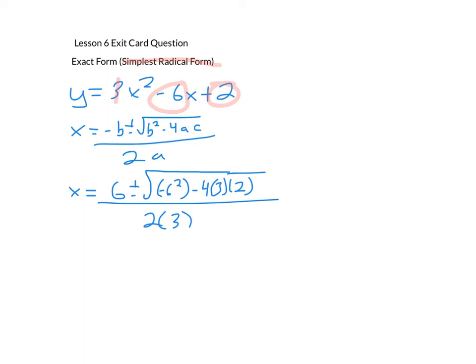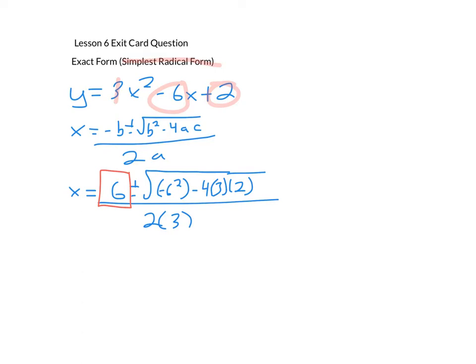And so when we sub in, we're going to get negative 6, which results in a positive 6 here. So we have 6 plus or minus the square root of negative 6 squared minus 4 times 3 times 2, and all of that is divided by 2 times 3.